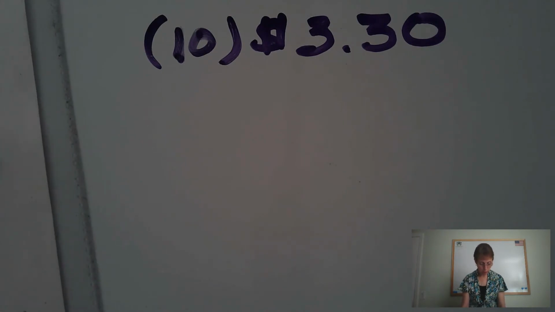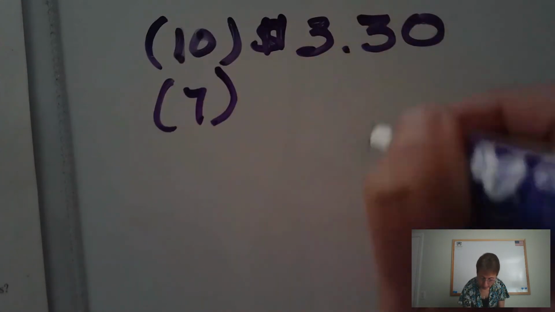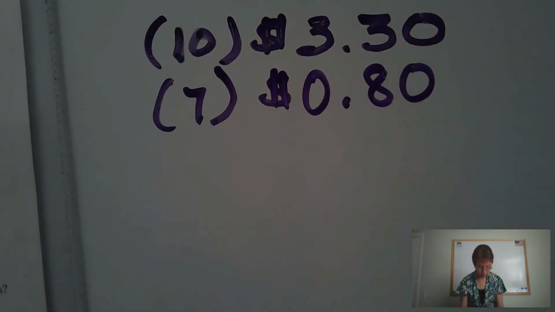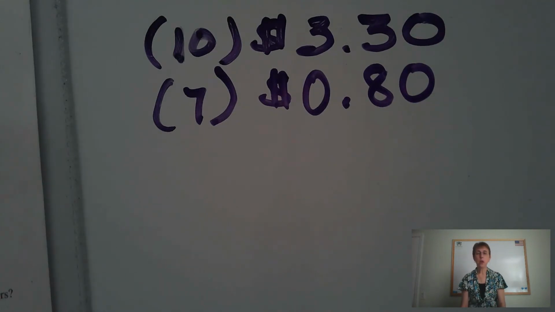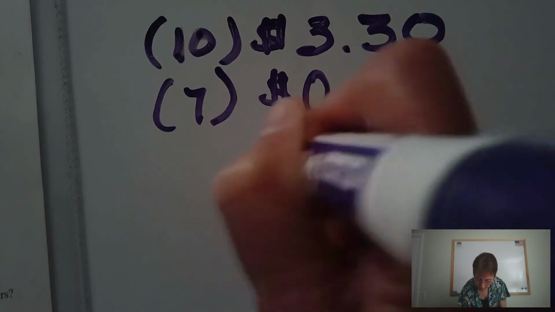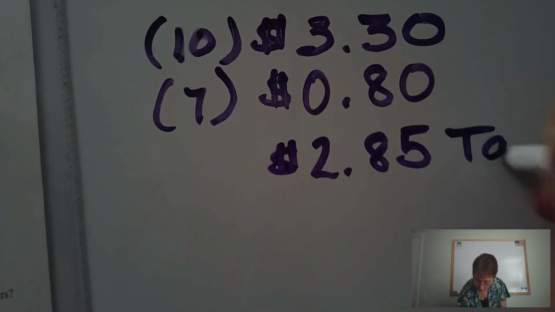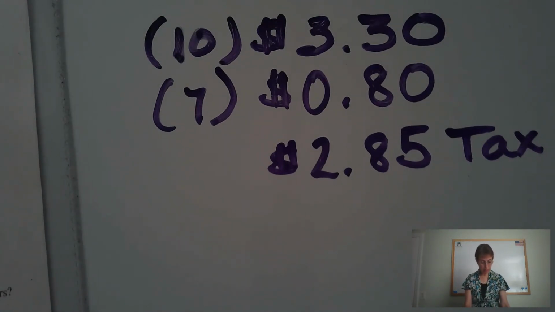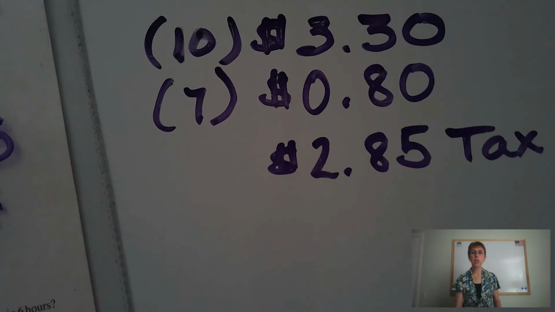Then we know that there were 7 straps at 80 cents each. We also know that there was sales tax of $2.85. And then if they paid with a $50 bill, how much change did they get back?